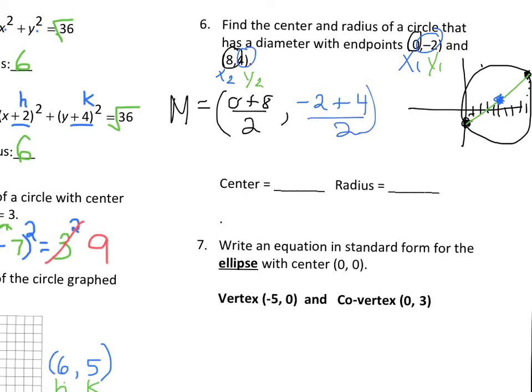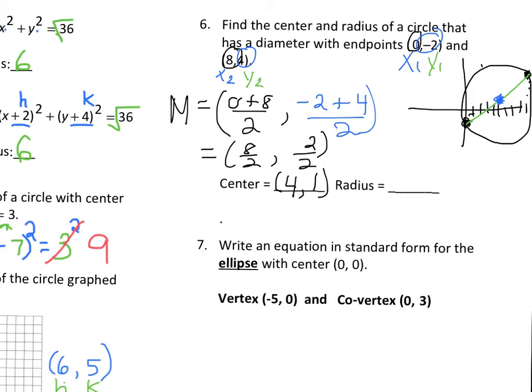So when we simplify this, we get 8 over 2 and 2 over 2, which simplifies to 4, 1. And that dot looks like it's about 4 over and 1 up.